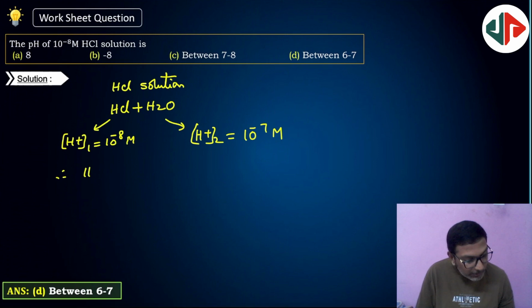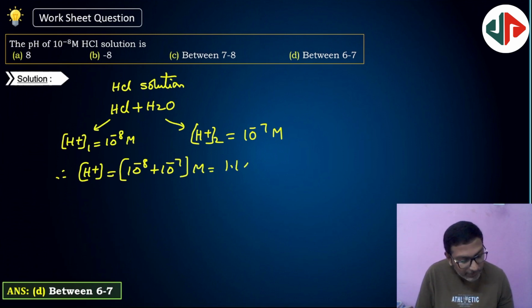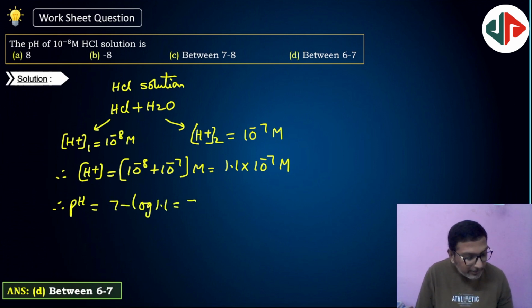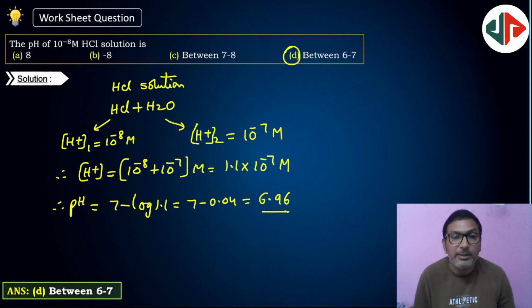Therefore, total H plus equals 10 power minus 8 plus 10 power minus 7 molar, which is 1.1 into 10 power minus 7 molar. Therefore, pH equals minus log H plus, that is 7 minus log 1.1, 7 minus 0.04, 6.96. Between 6 and 7. Option D. 10 power minus 7 must be added.